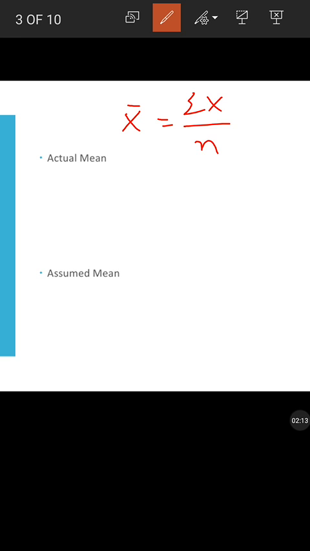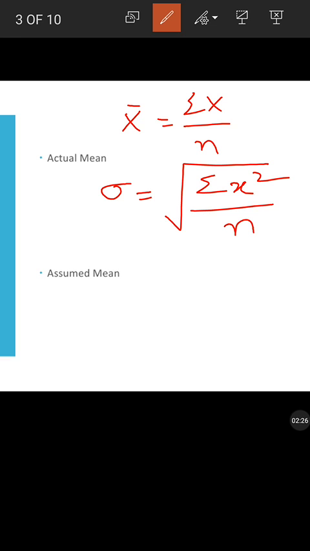Therefore, the formula for standard deviation is sigma is equal to root of summation x square divided by n. Here I have used the small x. How do we find this small x? Small x is equal to x minus x bar.